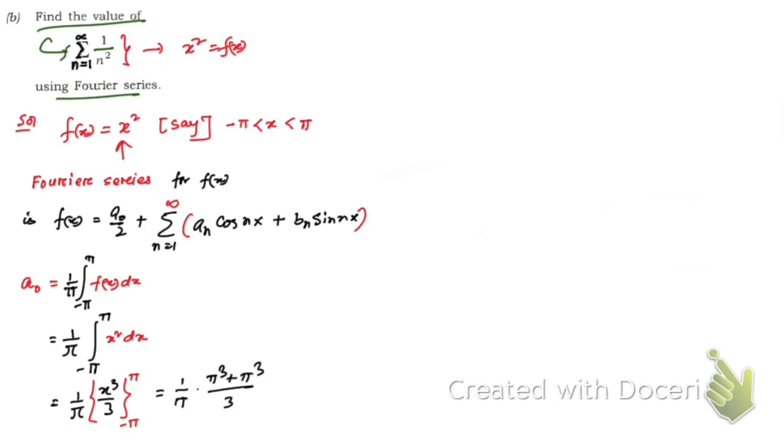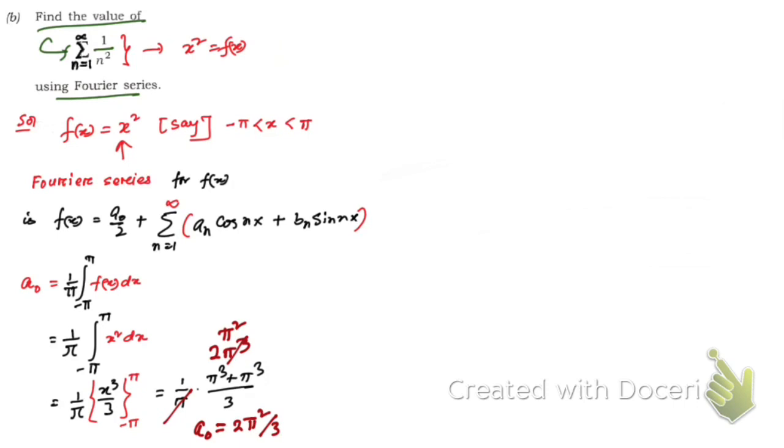So pi cube plus pi cube is 2 pi cube, and this pi cancels one power of pi cube to give pi square. So the value of a naught will be 2 pi square by 3, right?